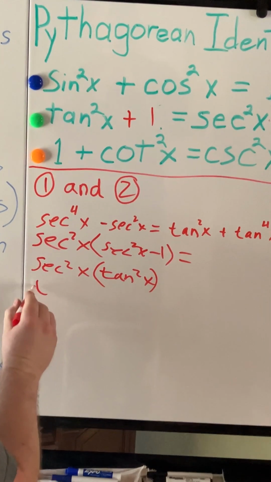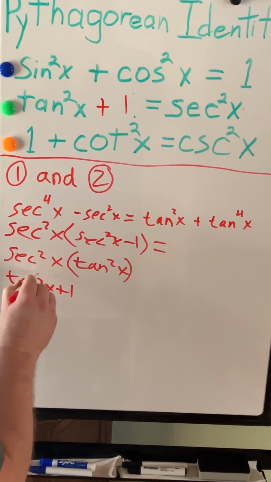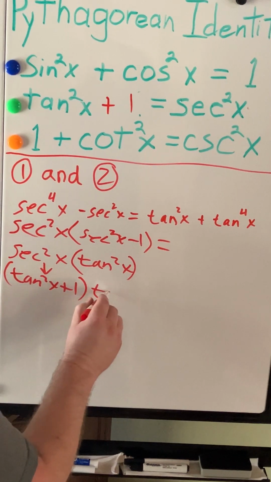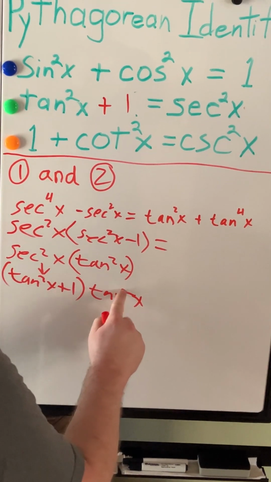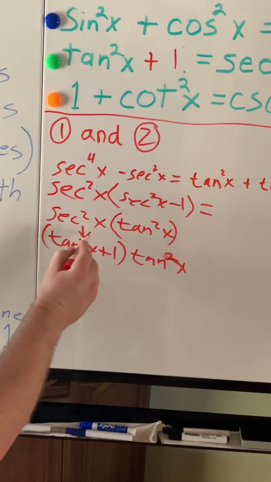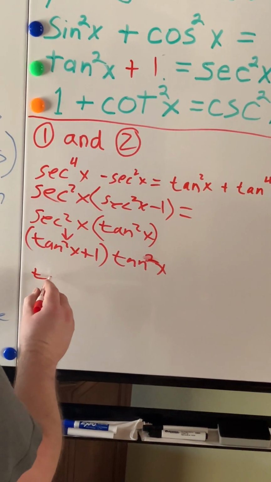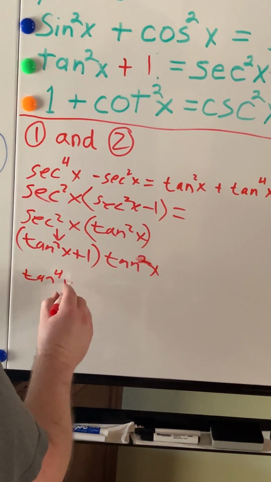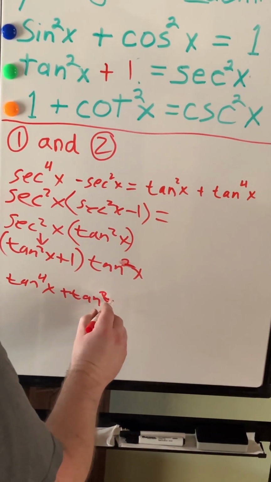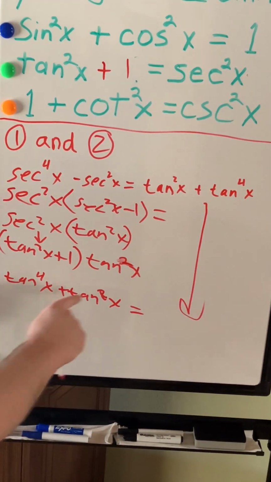So, you'll notice if I sub in tan squared x plus 1 for secant squared x here, times tan squared x, whoops, ugly, times tan squared x, and then I distribute the tan squared x onto these terms, well, voila, look what we end up getting. Tan to the 4th x plus tan squared x, and that exactly equals what we wanted to turn it into.